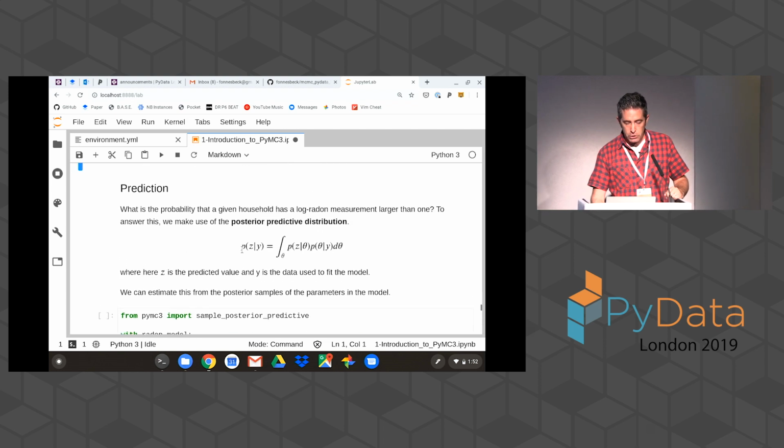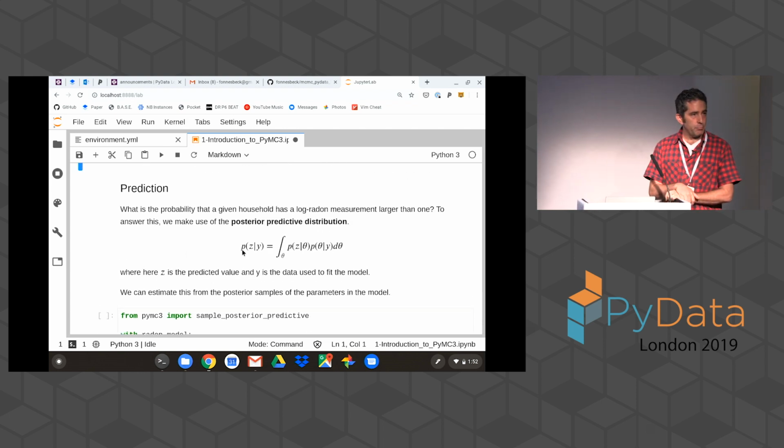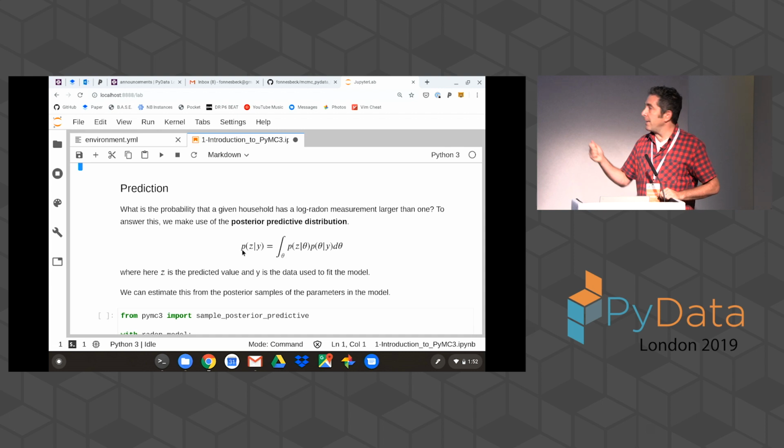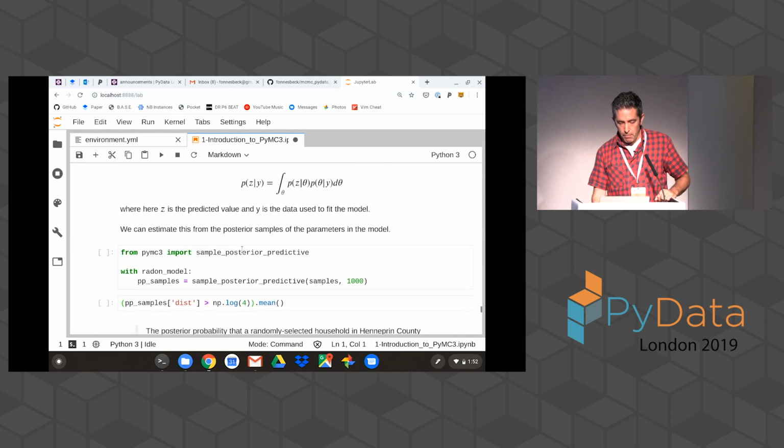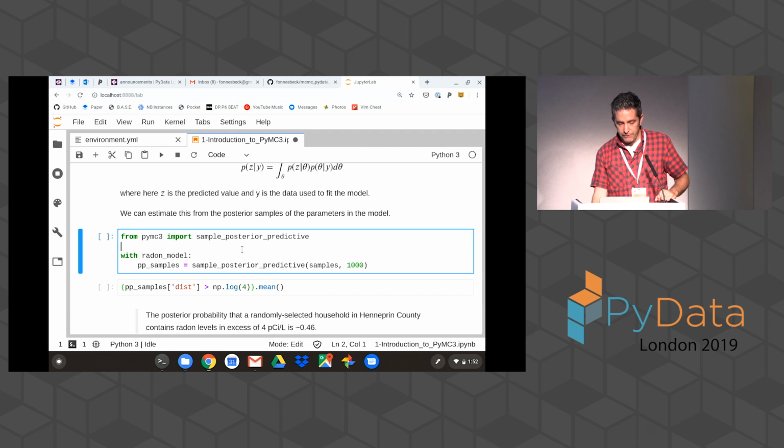So we can do something called posterior predictive sampling. This is where we combine the residual uncertainty from our estimation and the stochastic uncertainty of just random chance sampling, and make a prediction that combines both of those. So it's essentially more robust than just picking the mean, for example.